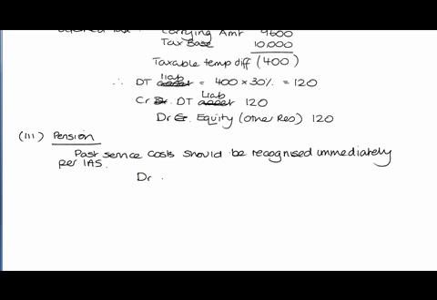So we would debit the income statement 520, and what would you credit? You would credit your pension liability.